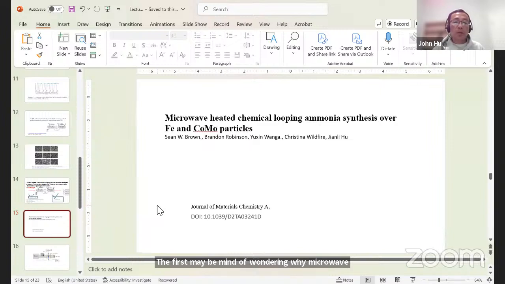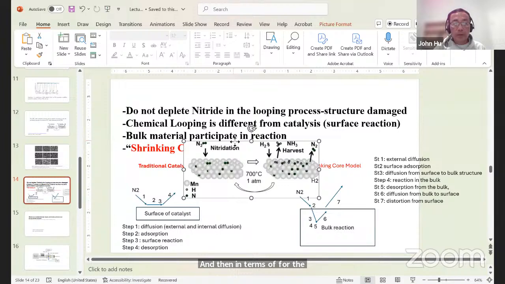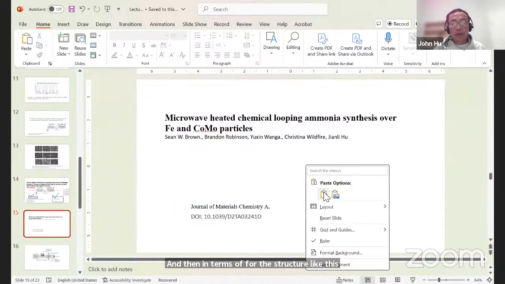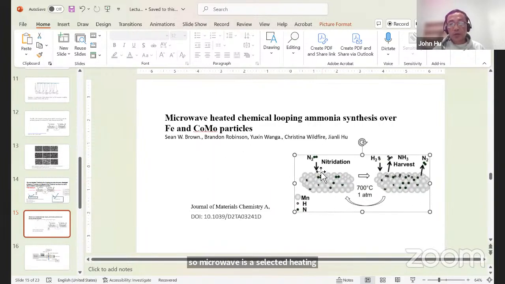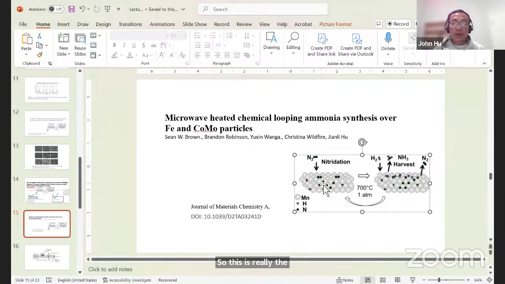So first, you may be wondering why microwave heating. Well, we all know microwave is a selective heating. So if you look at the structure, you want the nitrogen to come in to form the internal nitride. This is really good for microwave, because microwave can selectively heat this site and deliver the energy to it.